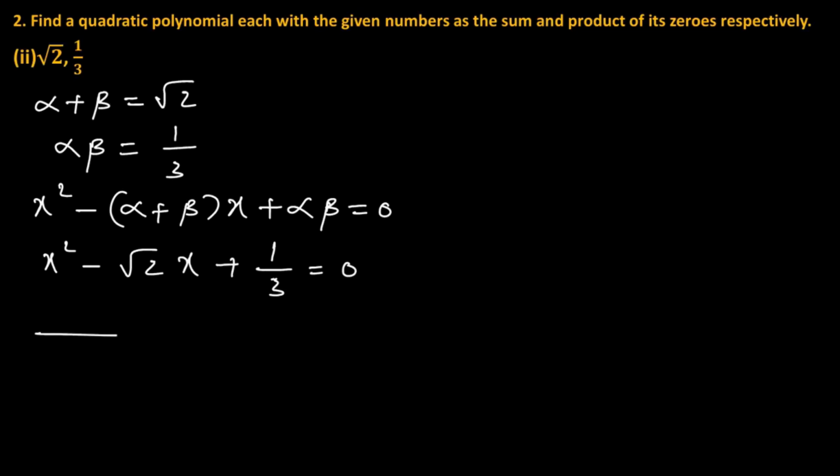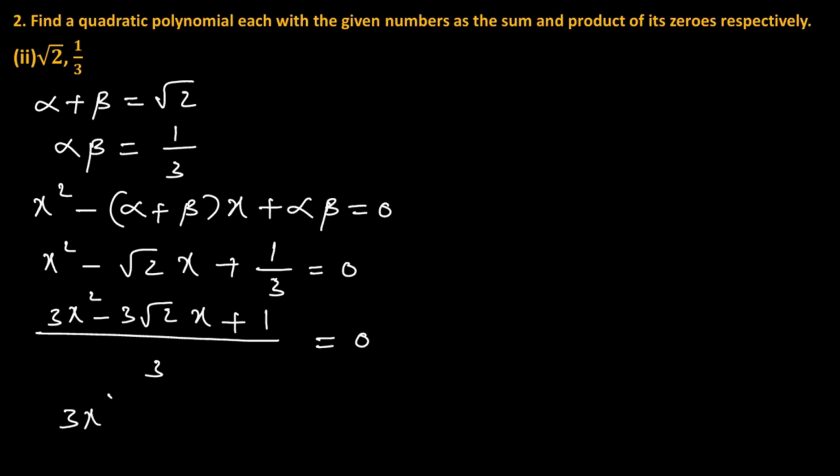Take the 3 as common denominator. It will be 3x square minus 3 root 2x plus 1 is equal to 0. If this 3 goes to right hand side, it will be 0. 3x square minus 3 root 2x plus 1 is equal to 0. This is our final quadratic polynomial equation.